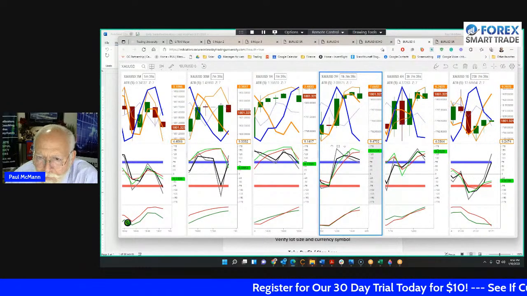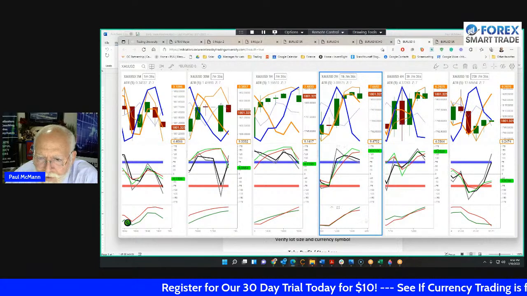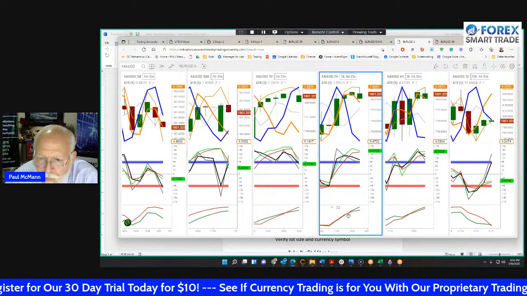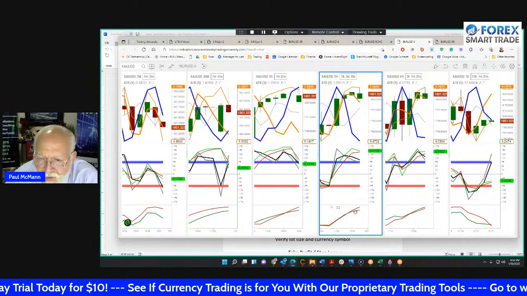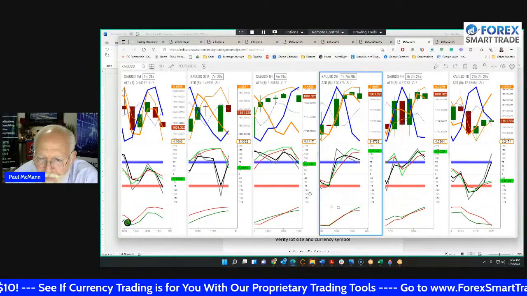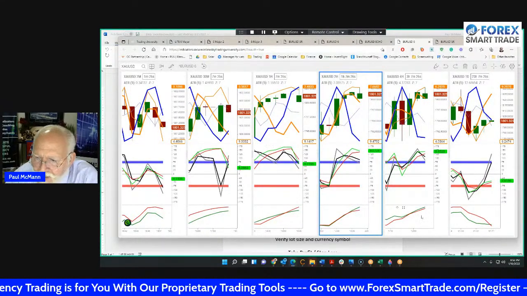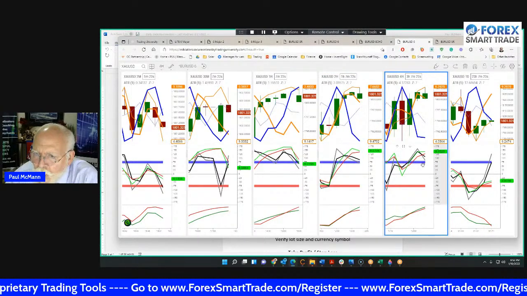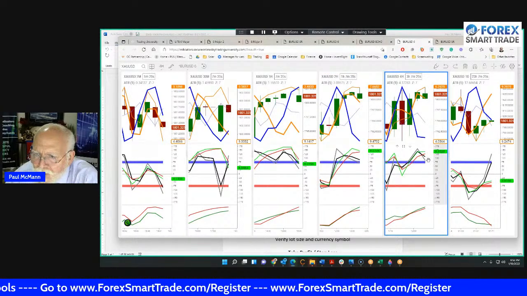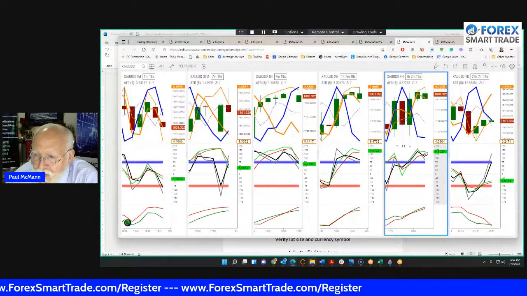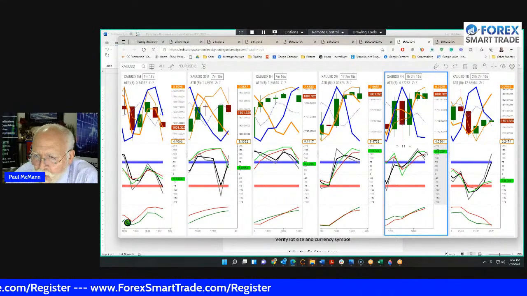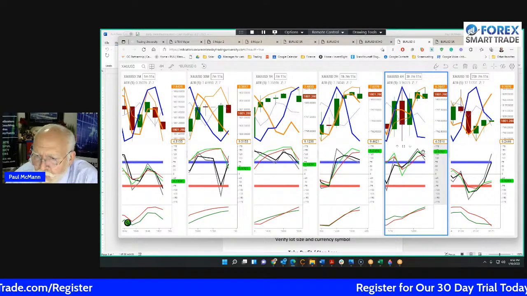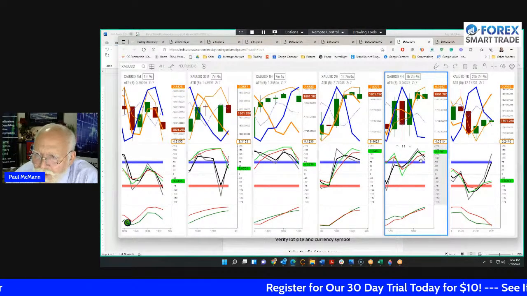Majors aren't there yet, but I like that we're overbought, and I like that we've got the kink in the red line here. Usually I look for the green line, but I'm happy with this. And the same on the 4 hour. Overbought. Minors coming down. Majors haven't committed yet. They're still going up. That's okay. I like it that everybody's overbought. So eventually they're going to be coming down.